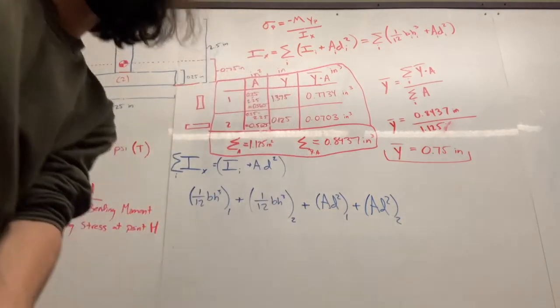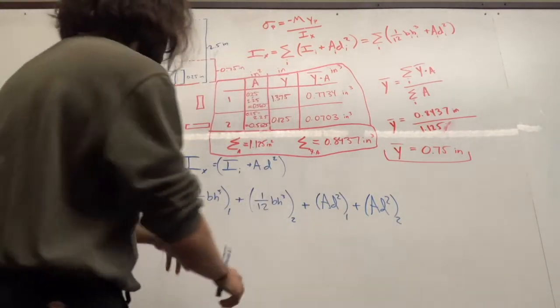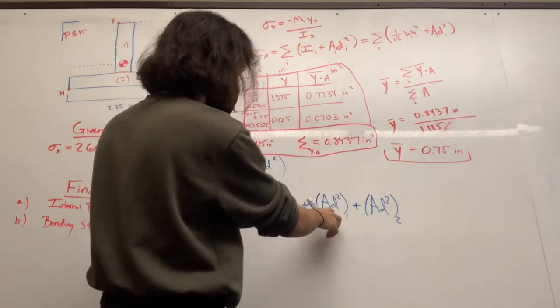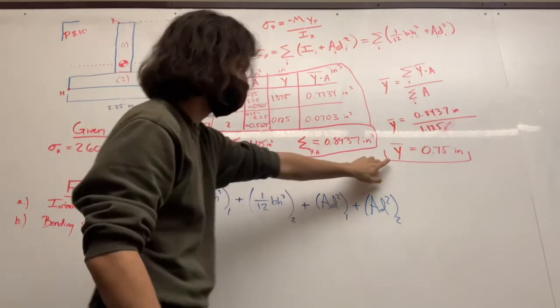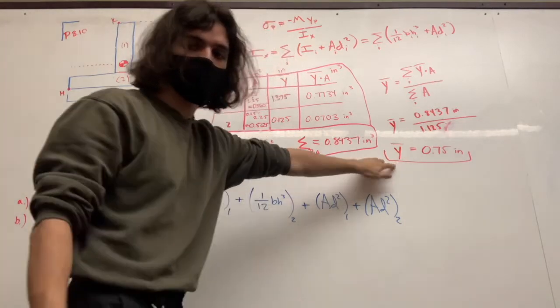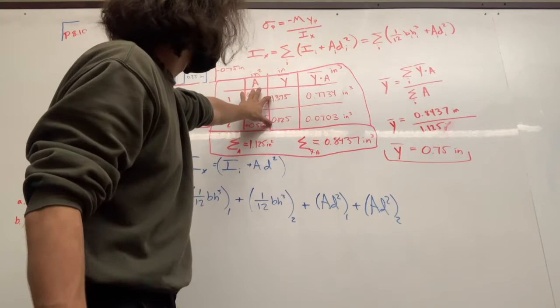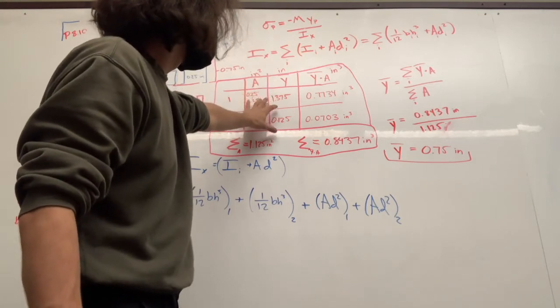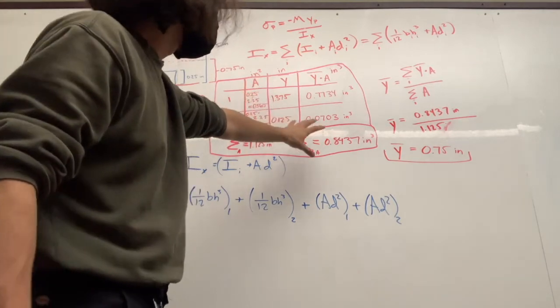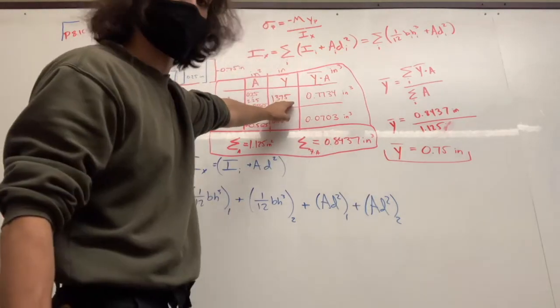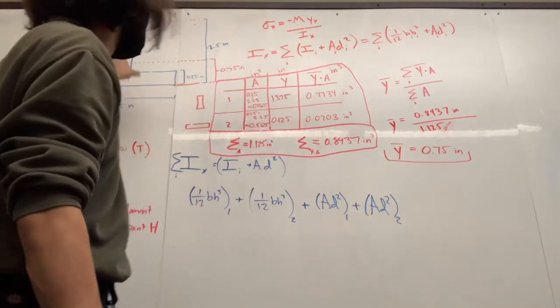So what these terms mean, this one specifically, this D, is the distance. We calculated the centroid for the total shape, and we calculated centroids for the individual shapes. So all it is, is the distance from the actual centroid to these specified centroids for the different rectangles that we have.